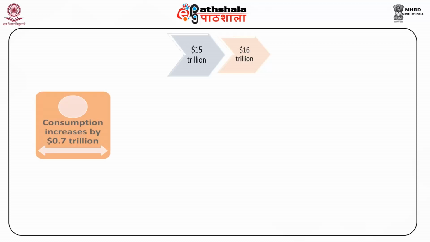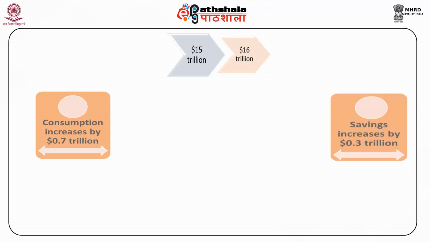Let us understand this concept with the help of an example. For instance, if a country's income increases from $15 trillion to $16 trillion, then its consumption increases by $0.7 trillion and savings increase by $0.3 trillion.